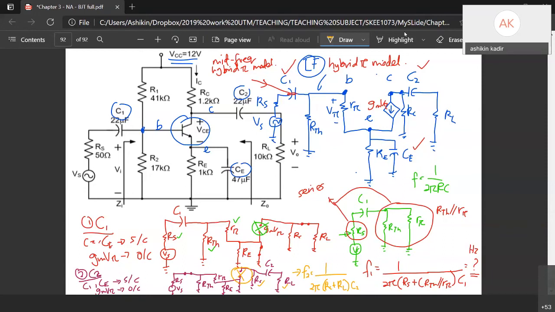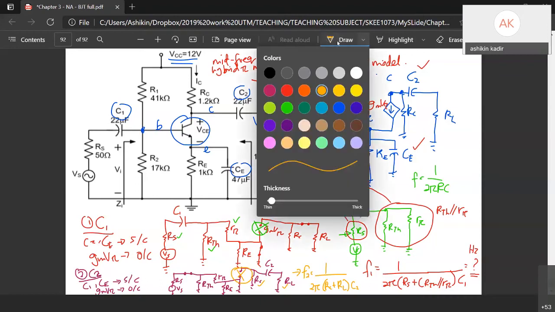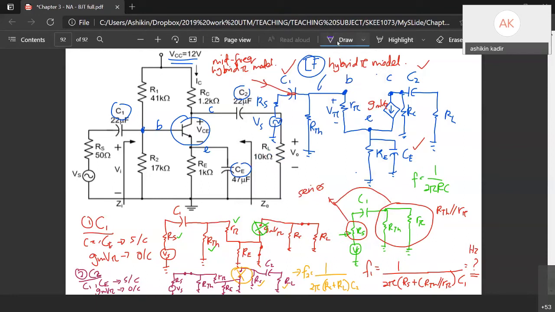Okay, now we have another capacitor, CE. So for CE, C1 is short circuit. Now I want to draw it over here. C1 short circuit, C2 also short circuit. But here you have gmVπ as open circuit.